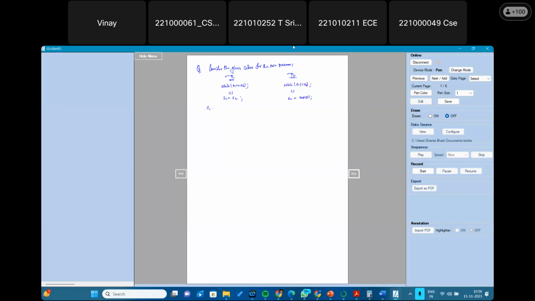Assume S1 and S2 are two Boolean variables and the initial values can be randomly chosen.